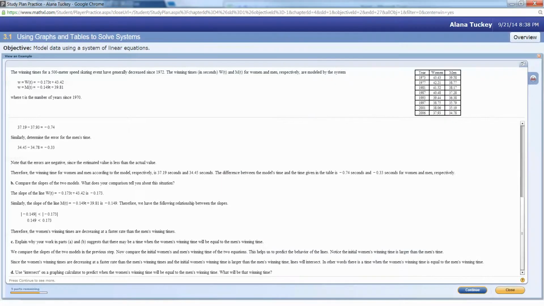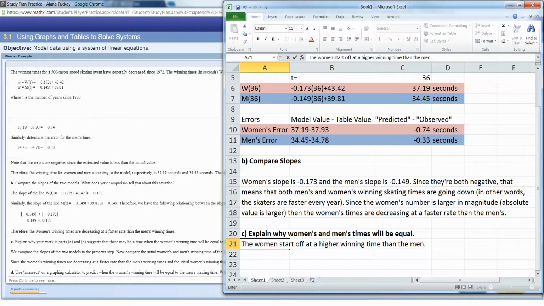Think about what that means. Back in 1973, the women were winning the race at 43 seconds and the men were winning the race at 39.58 seconds. So the women were slower than the men, right? But they're decreasing faster. They're shaving their times off faster. So the women start off at a higher value than the men, but they are decreasing their times at a faster rate than the men.